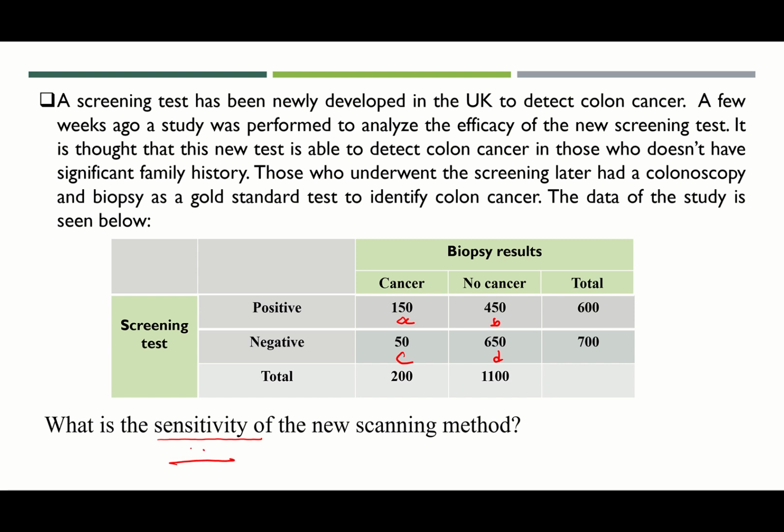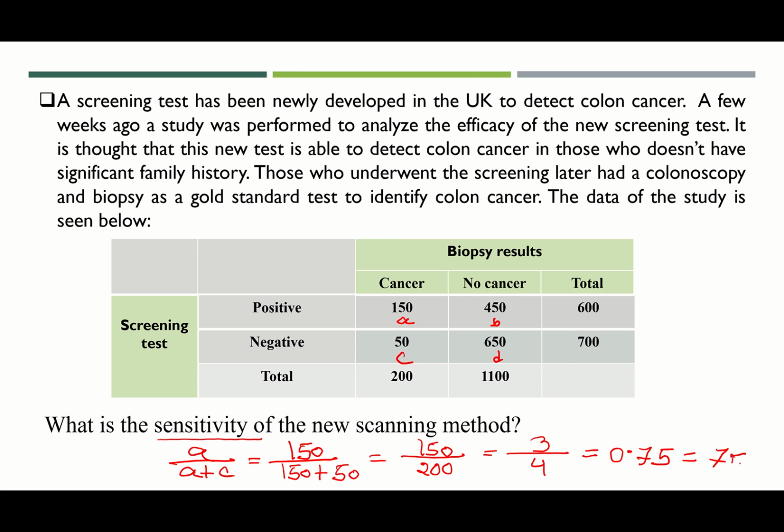Sensitivity means A divided by A plus C. So 150 divided by 150 plus 50. So 150 divided by 200, which means 3 divided by 4. Ultimately, you will have 0.75 or 75%.